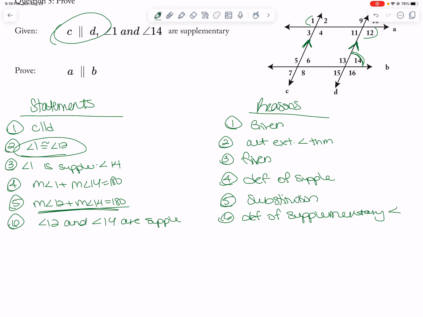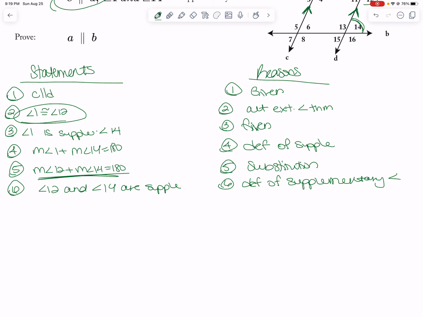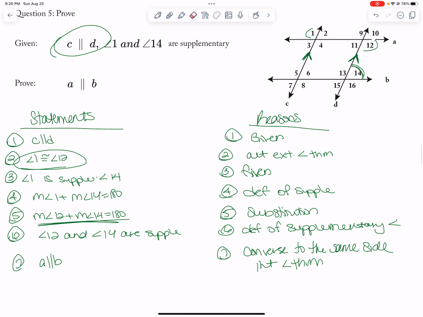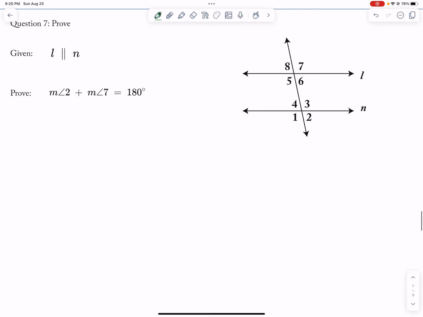Because if I have 12 plus 14 is equal to 180, then they're supplementary to each other. And then 7 is A is parallel to B, and that is the converse to the same side interior angle theorem. Because if I have 12 and 14, then A is parallel to B.